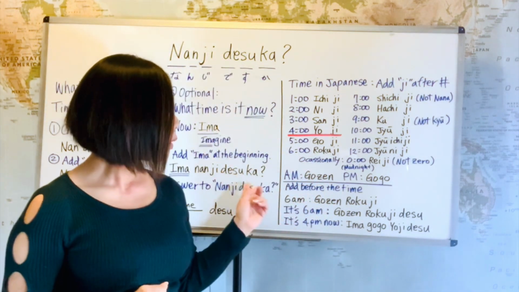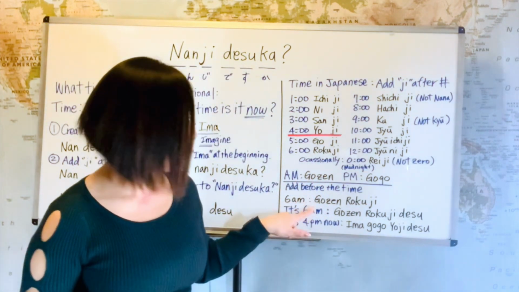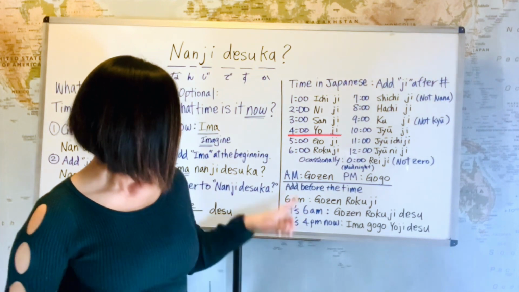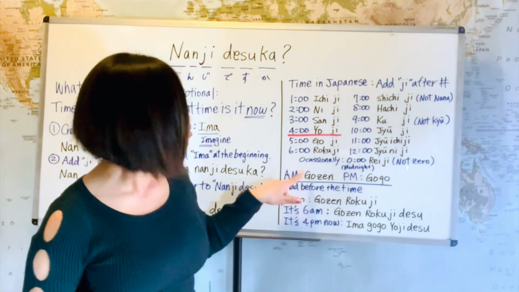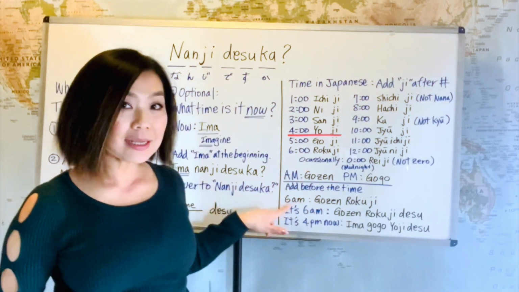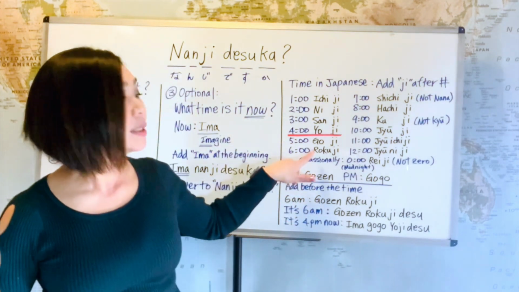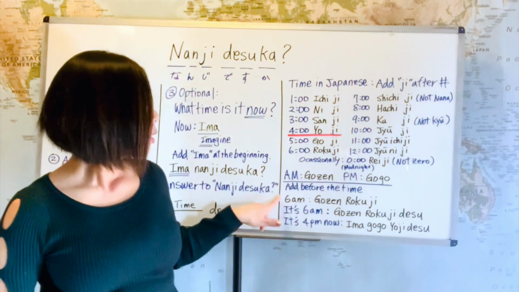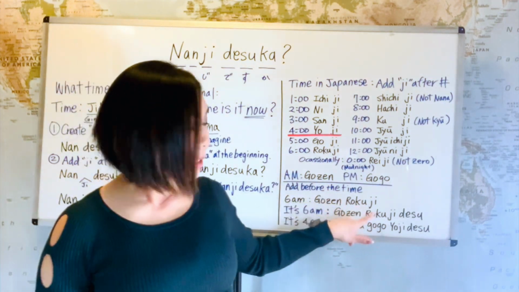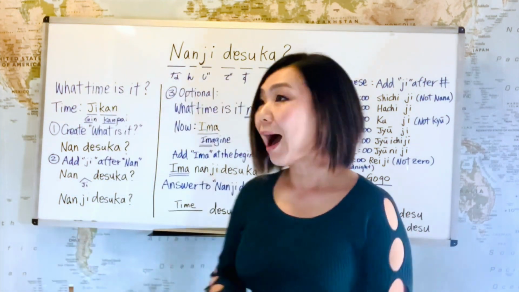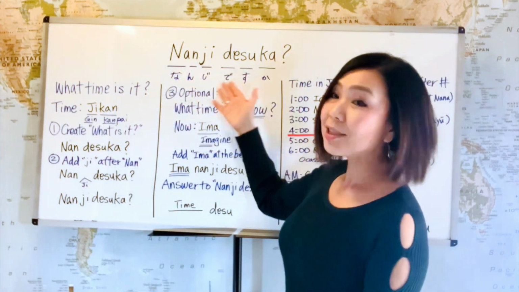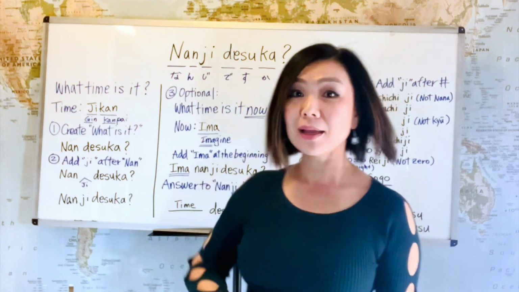So if you want to say 6 a.m., how are you going to say it? You're going to say AM first. AM is 午前. And what's 6 o'clock? 6 o'clock is 6時. So 午前6時. It means 6 a.m. And so if you get asked, 何時ですか? Which is, what time is it?